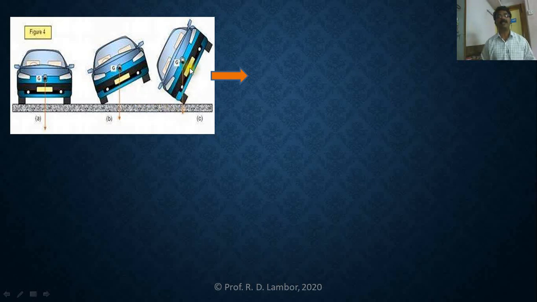And you can clearly see here, this vehicle is now in the state of toppling because torque has started to act on this car. And due to that torque, this car has a tendency to topple, that means to rotate.